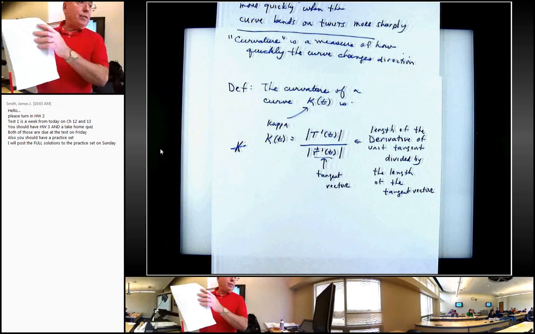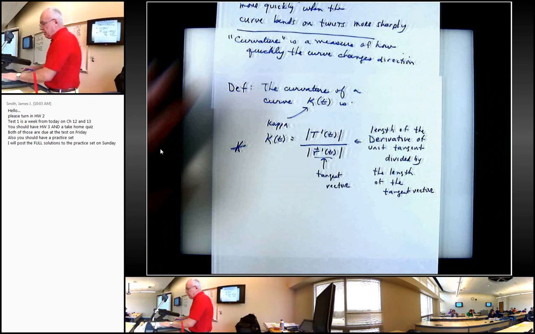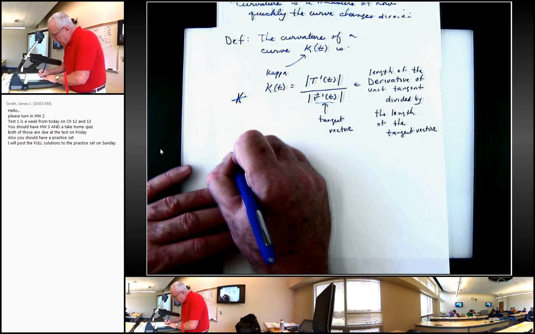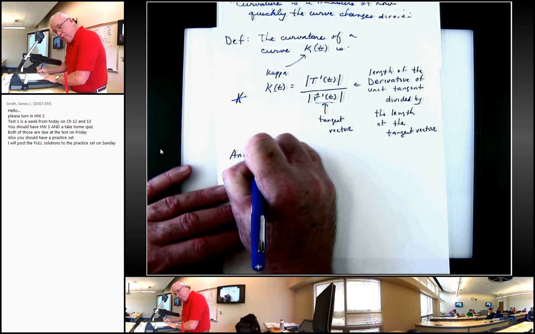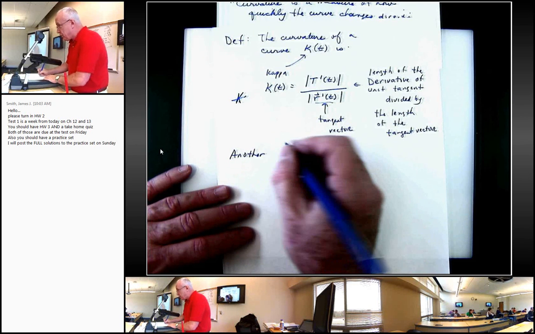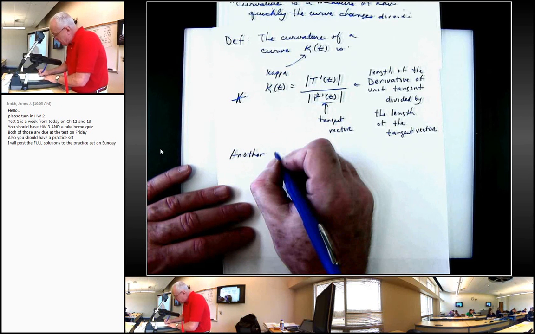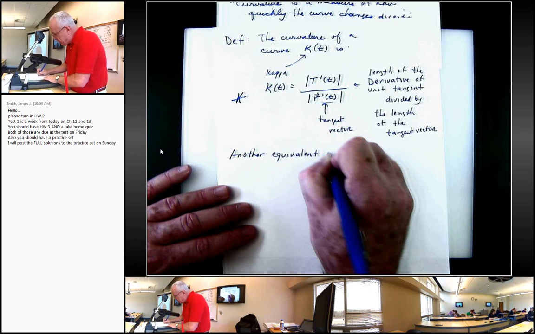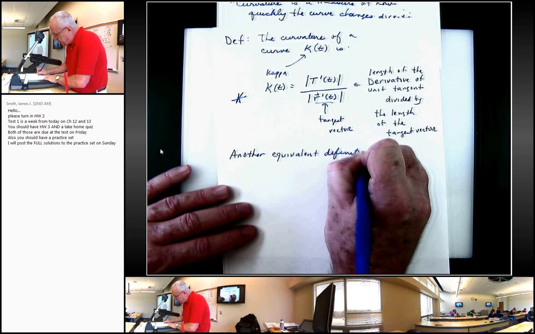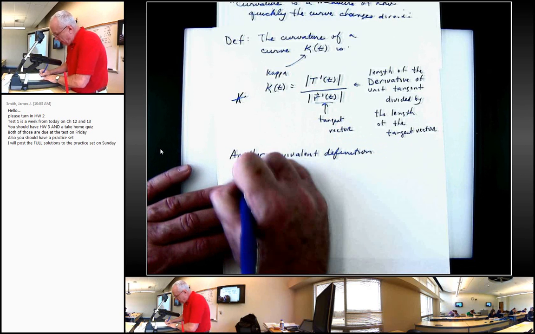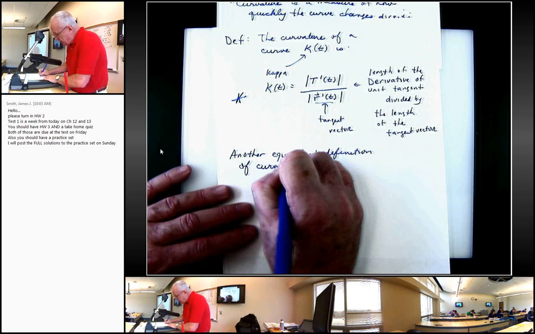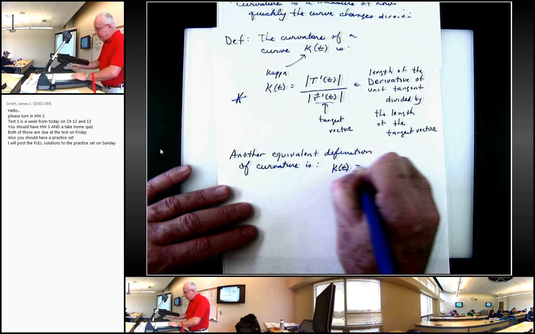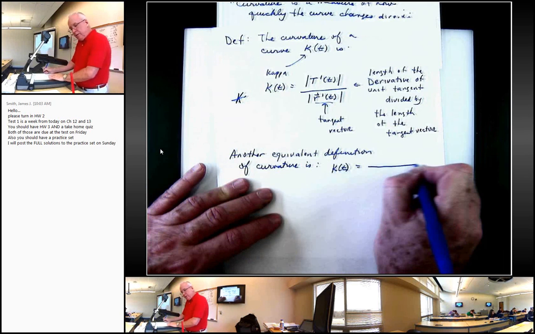There is an equivalent formula that I also want to give you that you also need to be able to recognize. I'm not going to prove that this is equivalent. The textbook does prove that it's equivalent. Another equivalent definition of curvature is this: kappa of t equals, again we have a numerator and denominator.